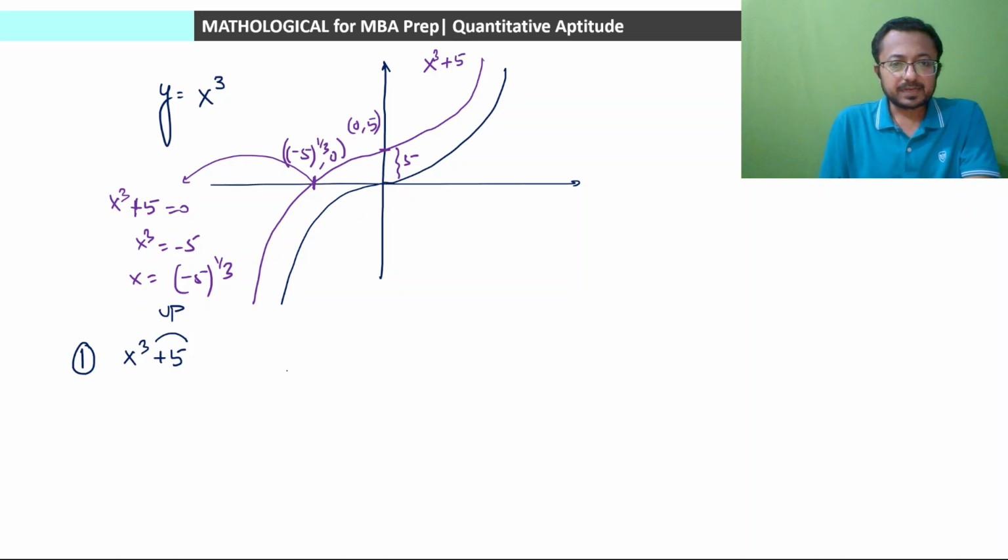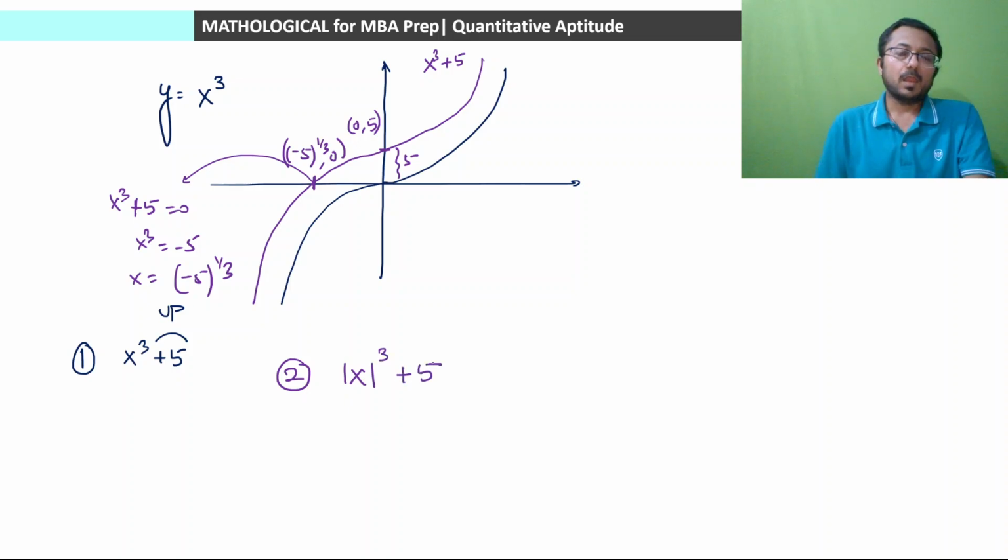The second graph we can take is mod of x cube plus 5, mod of x whole cube plus 5. कैसा ग्राफ ड्रॉ होगा यहाँ पे? Mod of x whole cube plus 5. In any such case, mod of x cube will be same as x cube with modulus. These two are exactly same.